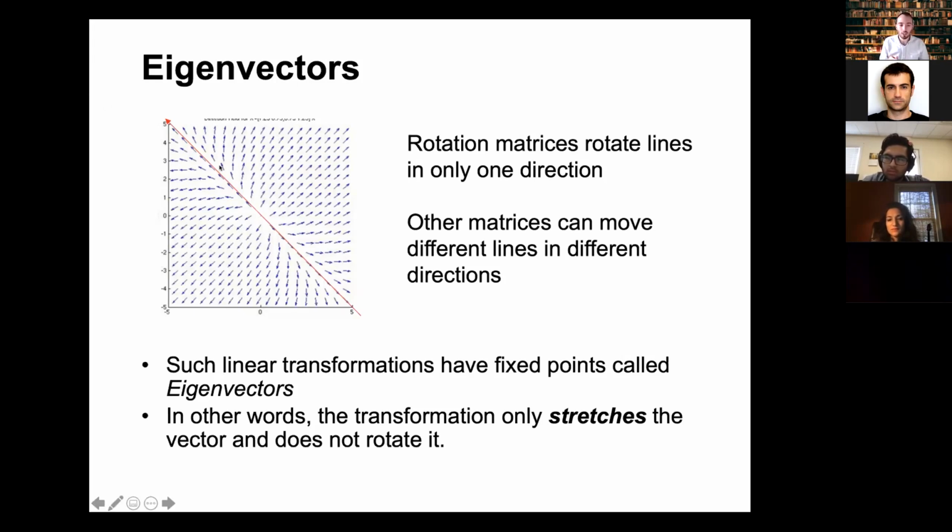And so if you look in this plot, you'll notice along this diagonal here, there are arrows that just go straight out. If you're imagining a point here at 1, 1, the result of applying the transformation represented by this vector field would just be to push it out in the same direction. Contrast that with, for example, this point here, where the transformation matrix is going to push it out and up. So that's a little bit different than what we're seeing here.